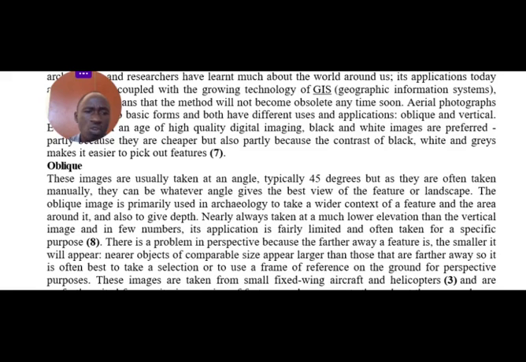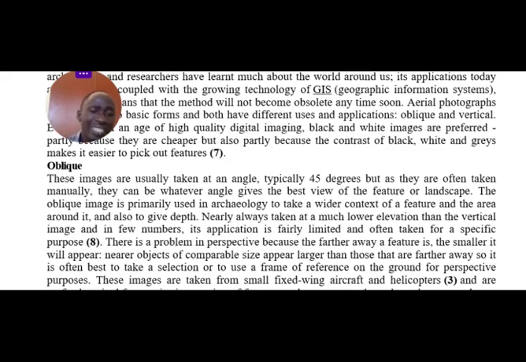With the aerial oblique, it will capture the image, but it will not display what we term as the skyline, the skies or the clouds. So it will tend to shy away from that area. Now listen to what they're saying. They can be at an angle that gives the best view of the feature or the landscape. The aerial oblique is primarily used in archaeology to view a wide context of the features and the area around it.